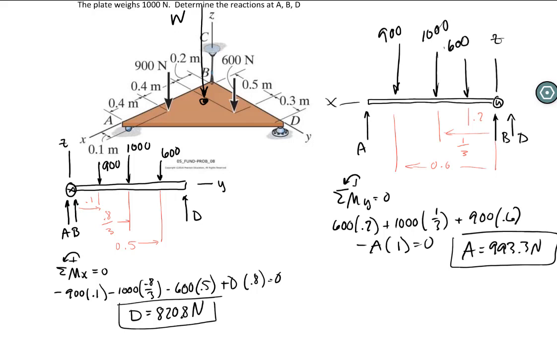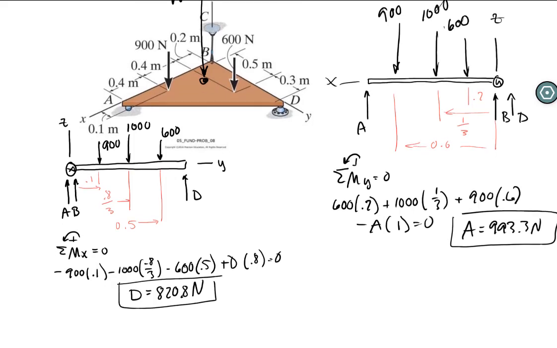How do I get that third one? Well, there's more than one way of solving this, but if we sum the forces in the z, it looks like that last unknown should show up. So let's do sum of the forces in the z is equal to 0. So going up, I have a plus b plus d. And then going down, I have 900 minus 1000 minus 600.